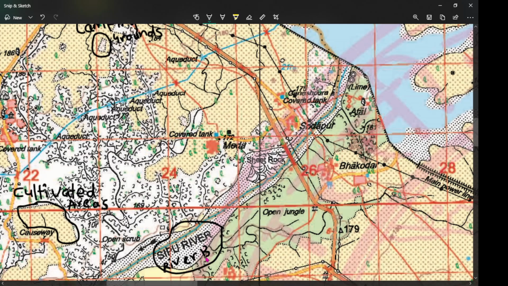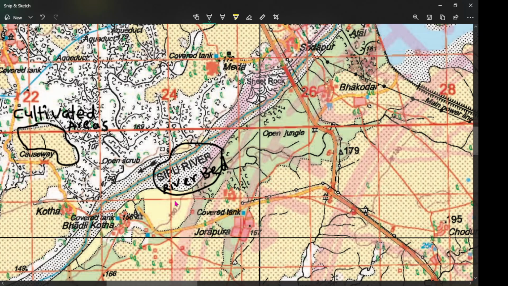River bed that is dry with river channel.